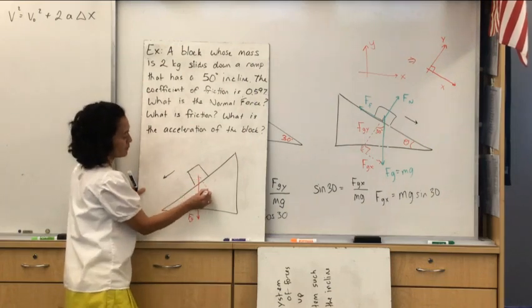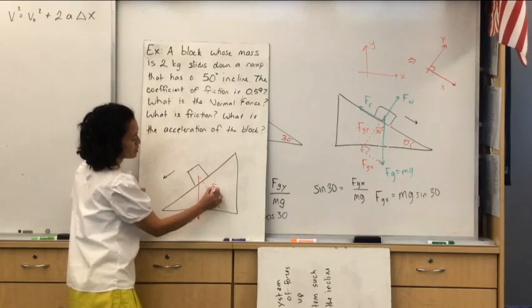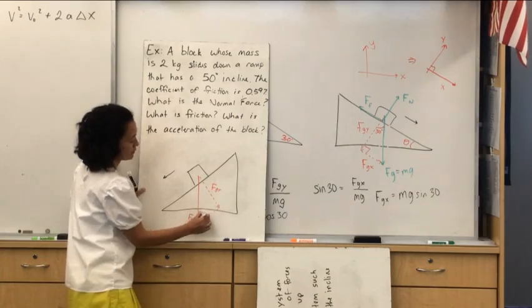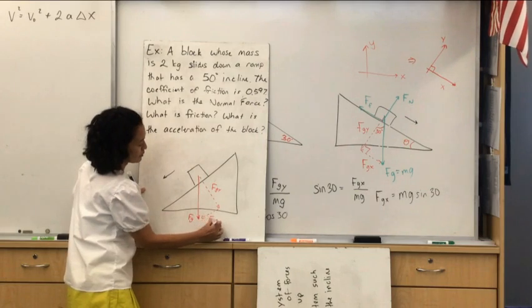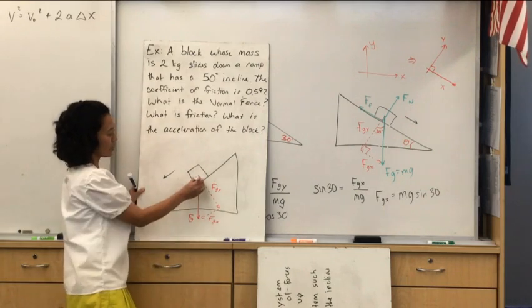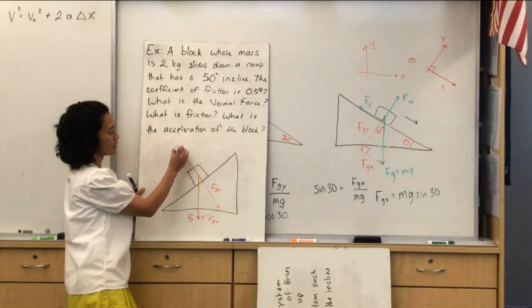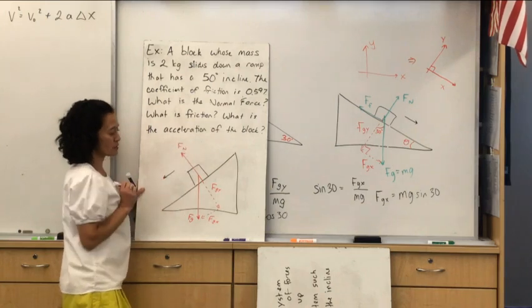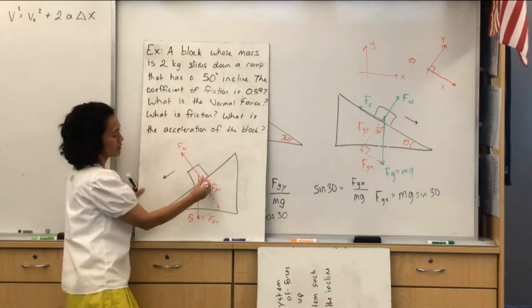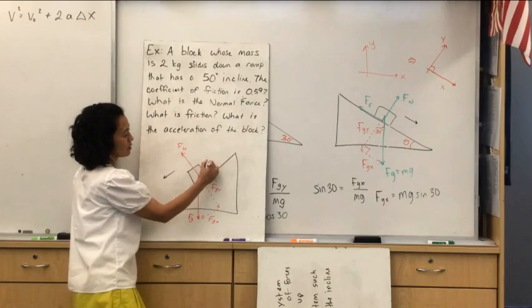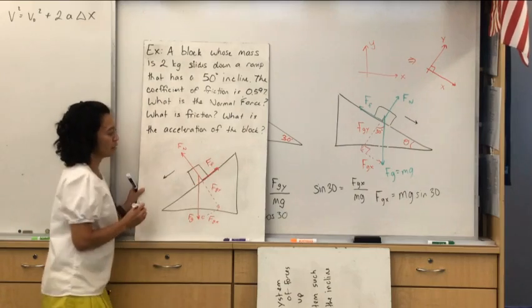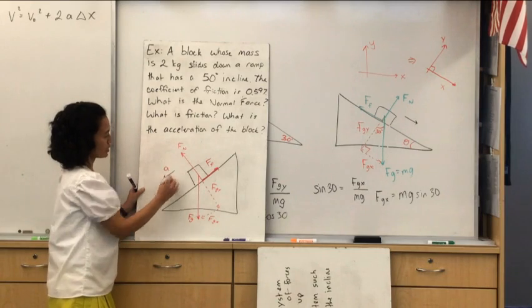We'd have to break it up into a y component and an x component. We have normal force perpendicular to the surface, and if it's moving down, that means friction is along the incline, and we definitely have an acceleration.